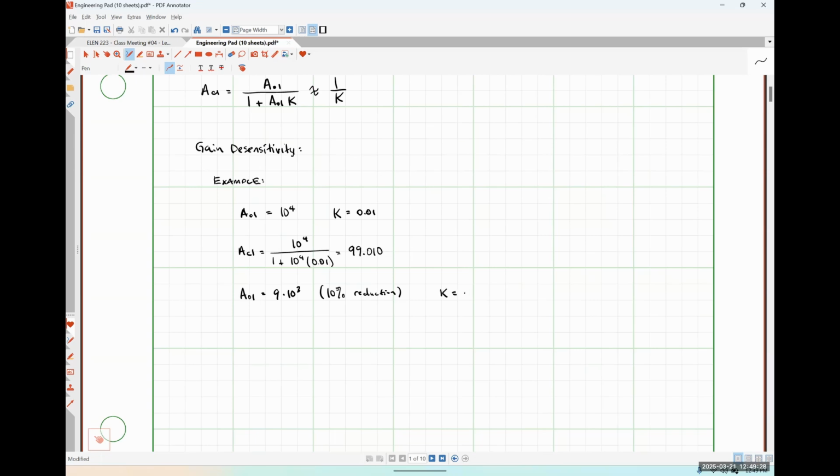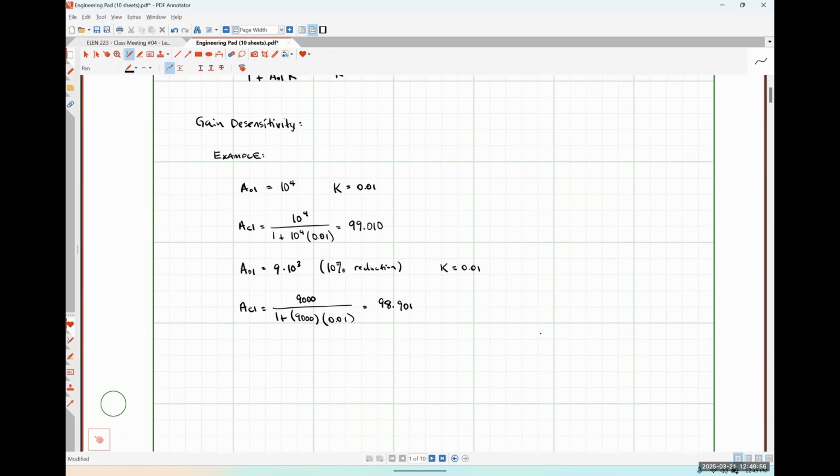With that same feedback factor of 0.01, our closed loop gain in this case is going to wind up being 9,000 over 1 plus 9,000 times 0.01. And that comes out to be 98.901.